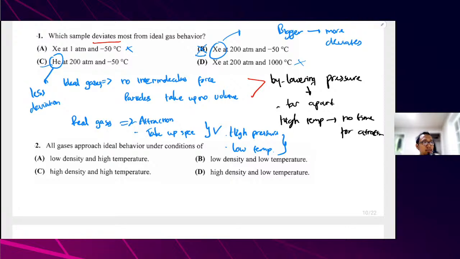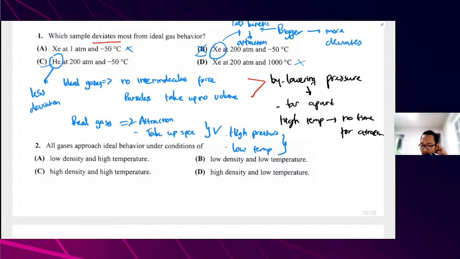Bigger is more, because it will have less kinetic energy and move slower, so attraction matters. Then the small one, attraction matters over here. So the answer will be B.